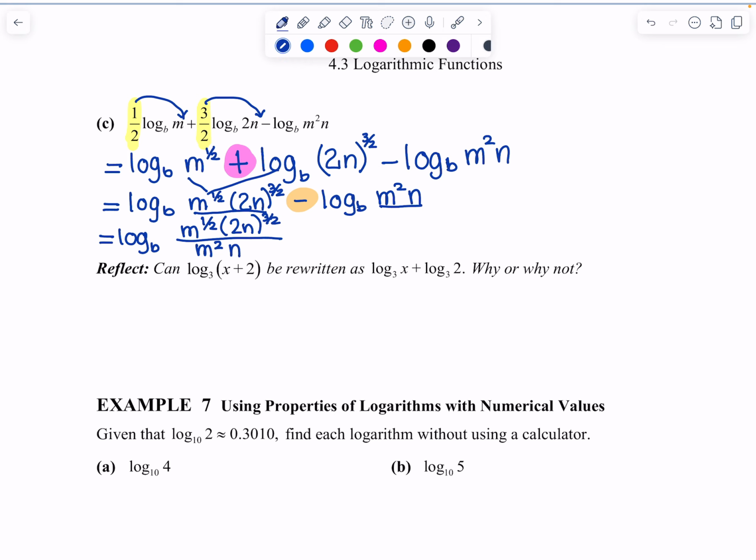So I'm going to separate that part for you all. Log base b, m to the 1/2 times 2 raised to the 3/2 times n raised to the 3/2, all that over m squared and n. I just wanted y'all to see that separated.